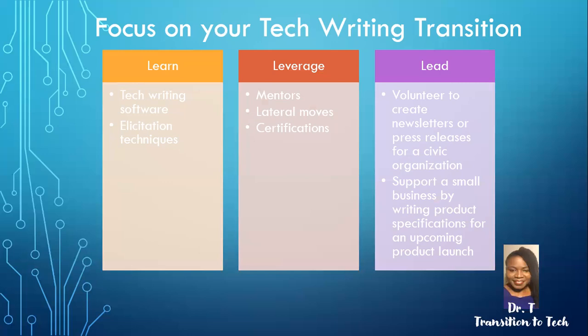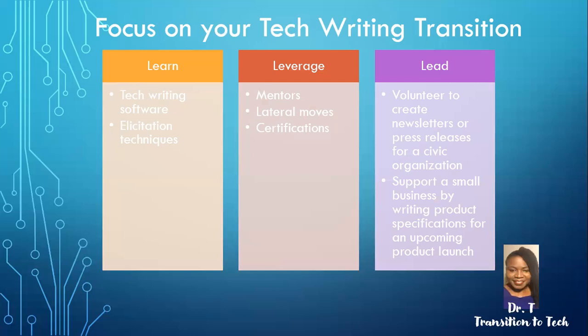And then make any lateral moves that will help you use your knowledge and expertise, or to further define your knowledge and expertise to be a subject matter expert in an area, and then move to actually tech writing for that area. And there's certifications as well. We talked about stc.org.